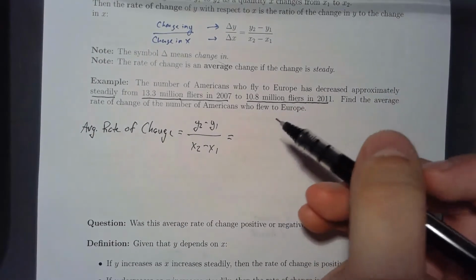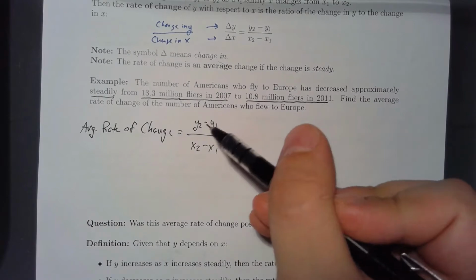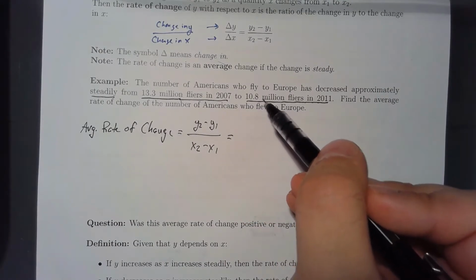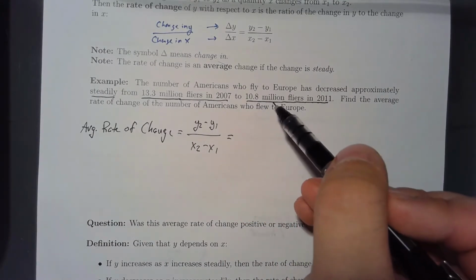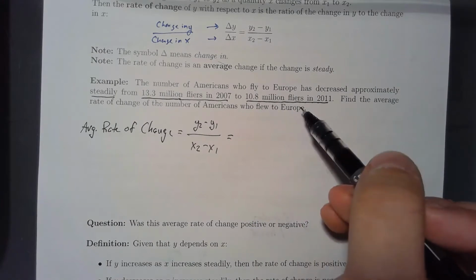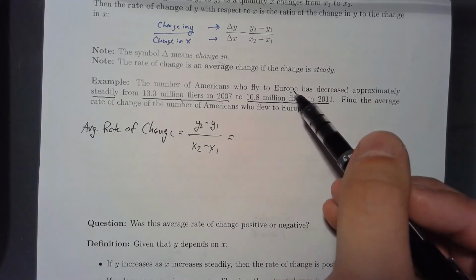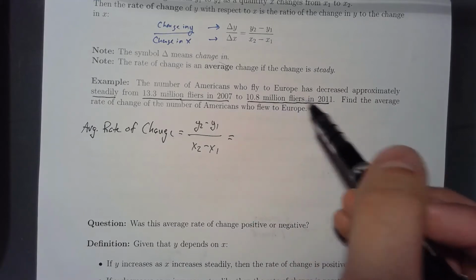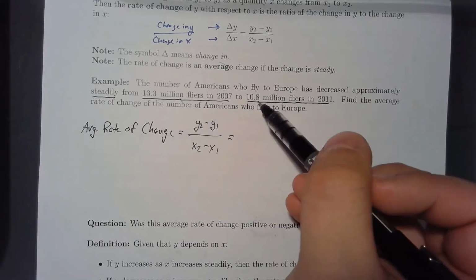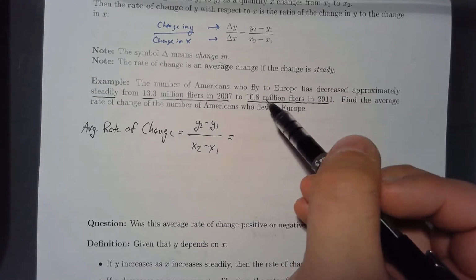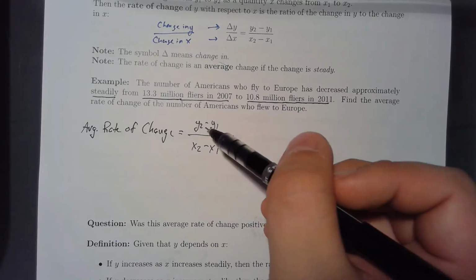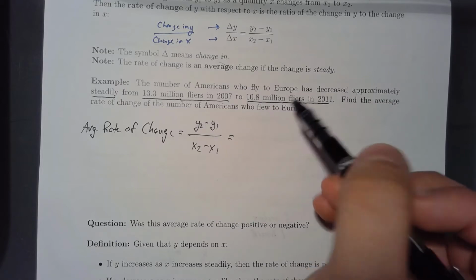Now, the y value is the millions of flyers, because that's the dependent variable. The number of flyers to Europe depends on the year. So the dependent variable is y. Since this is the second point, y2 is going to be 10.8 million flyers.